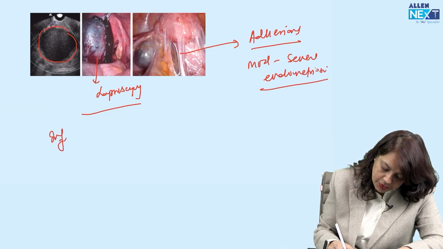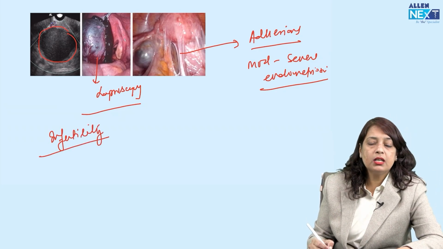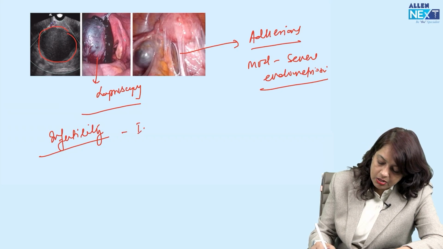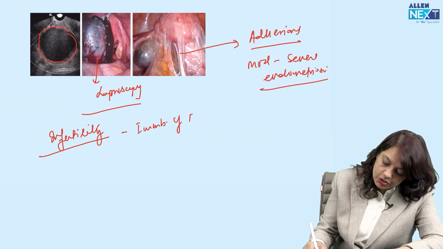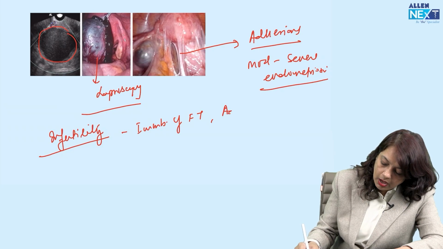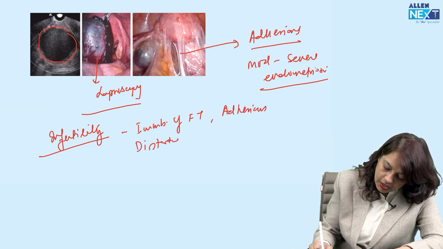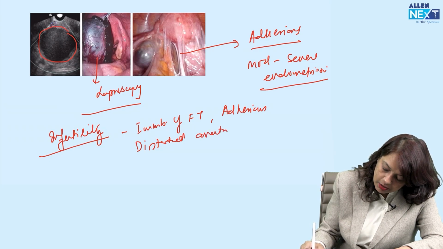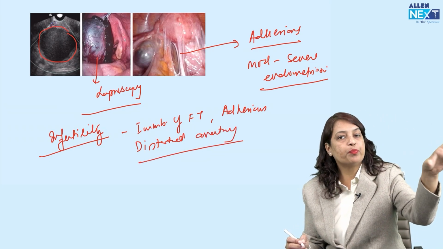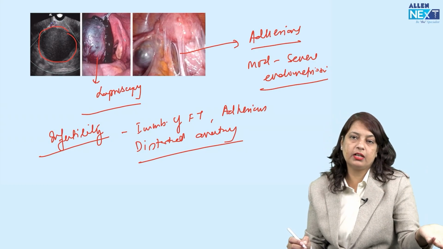So why does infertility occur in endometriosis patients? Because there is immobilization of the fallopian tube due to adhesions, and very distorted anatomy. So the fimbria will not be able to pick up the ovum, hence infertility.